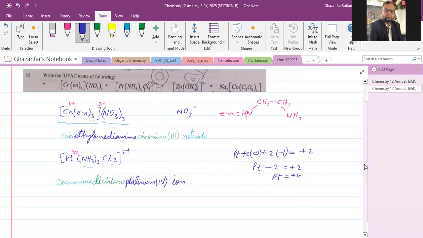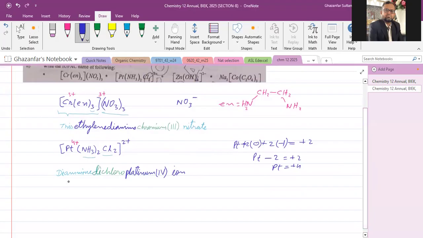Now the next one is zinc OH4, overall charge is -2. So find the oxidation number with the same pattern. Zinc plus 4 OH, and each one has -1 charge. Overall charge is -2.